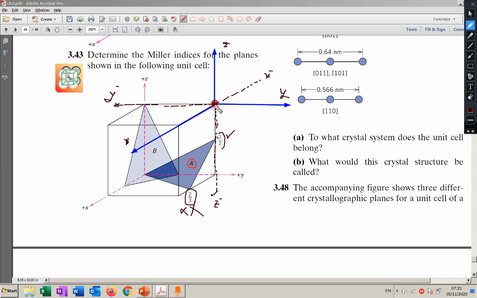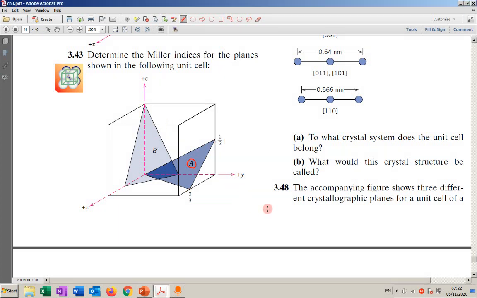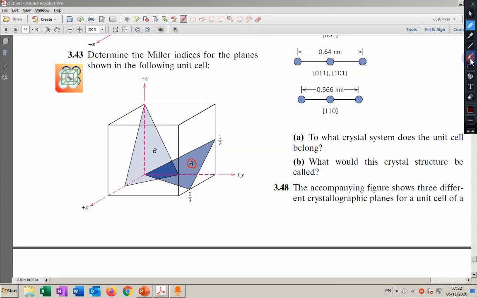It's not suitable, so I know this cannot be the right location for the origin. This plane does not have intersection with those lines, the axes Z, X, and Y. Let me tell you which one is the right corner, then you will understand.